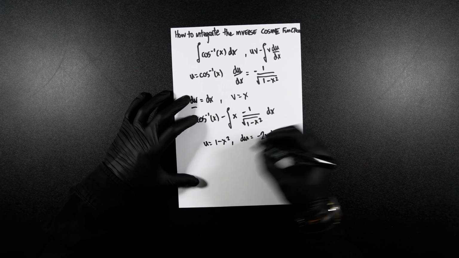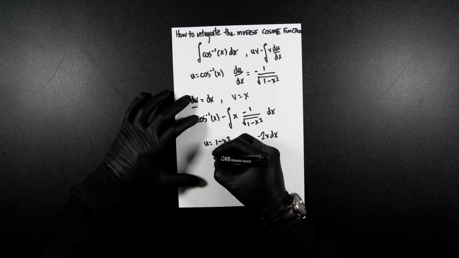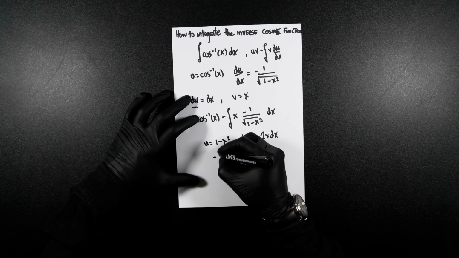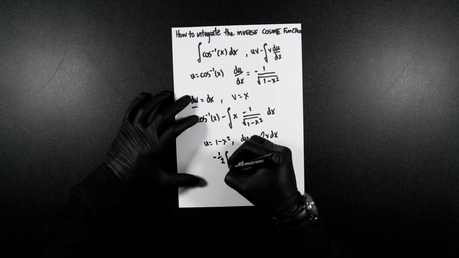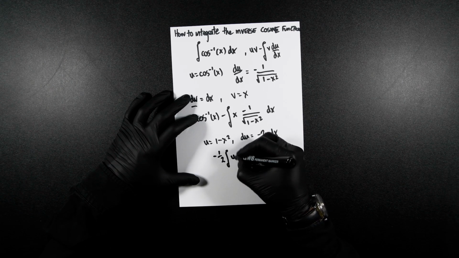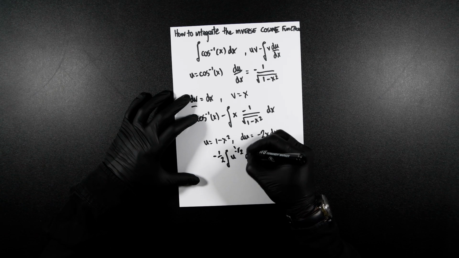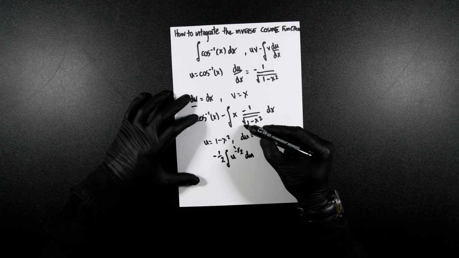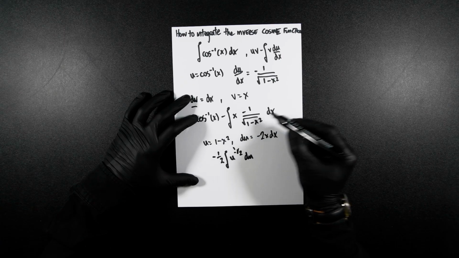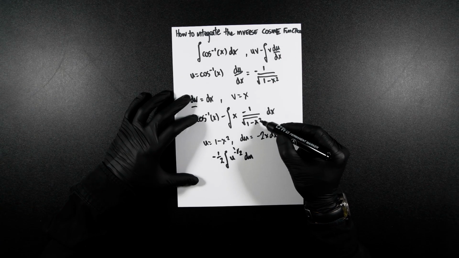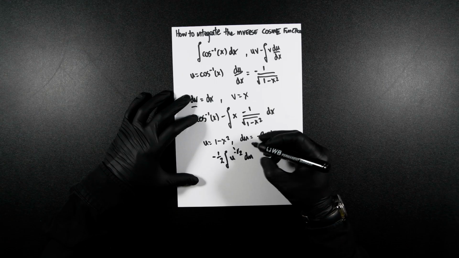So therefore, you're going to have minus a half and the integral of u to the minus 1 over 2 du. I've converted this square root into its power, which is a half. Because it's in the denominator, it's minus a half.